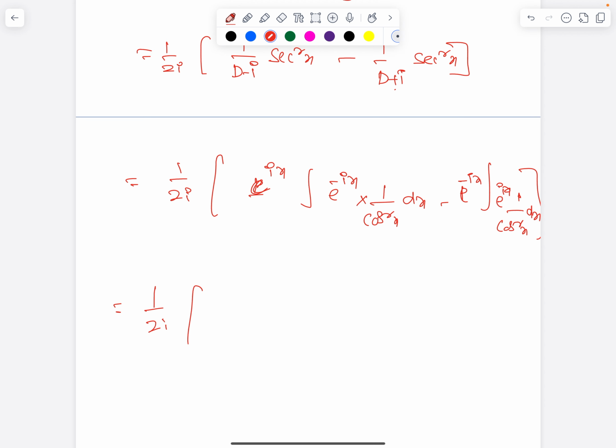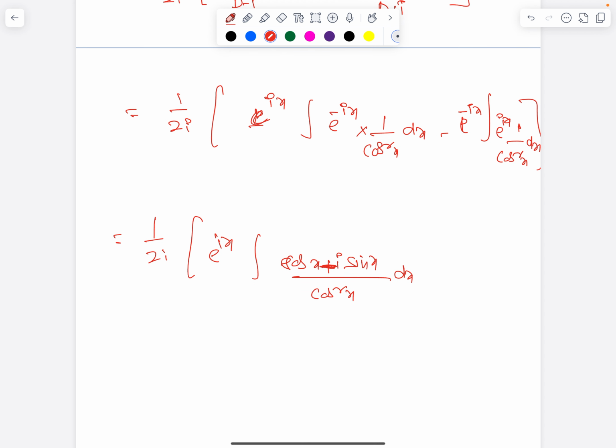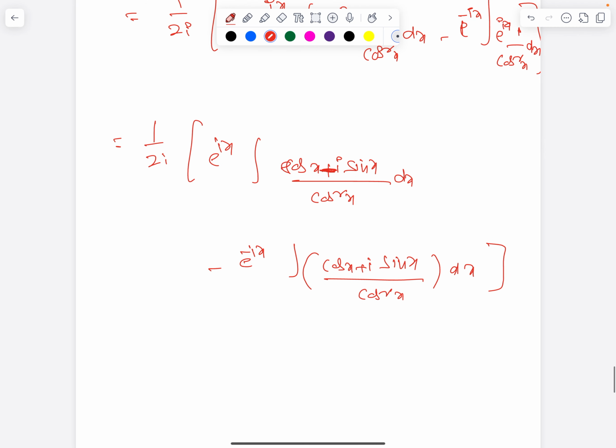This is 1 by 2i, you know that e power ix, and integration e power minus ix is nothing but cos x minus i sin x divided by cos square x dx, and the other part is minus e power minus ix and integration of cos x plus i sin x divided by cos square x dx. And here what are the terms you will be seeing?